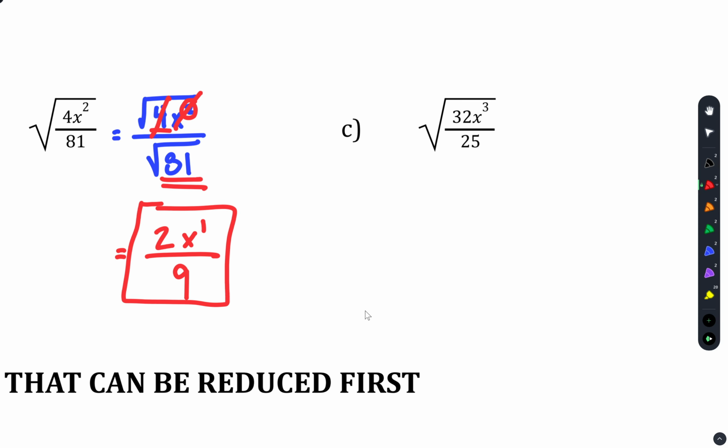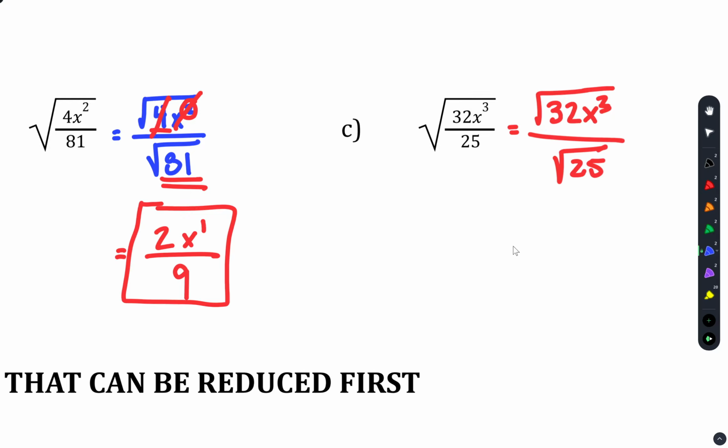Okay. So, once again, 32x to the third over 25 is not a fraction that we can simplify. So instead, I'm going to split them into two pieces. The top, that's x to the third, and the bottom. What's the easiest part for me to simplify?